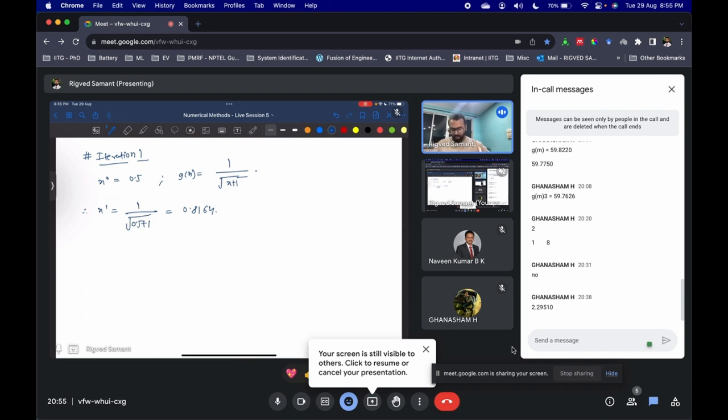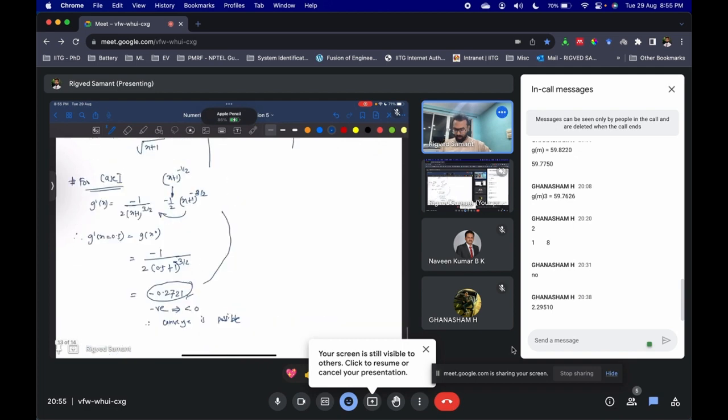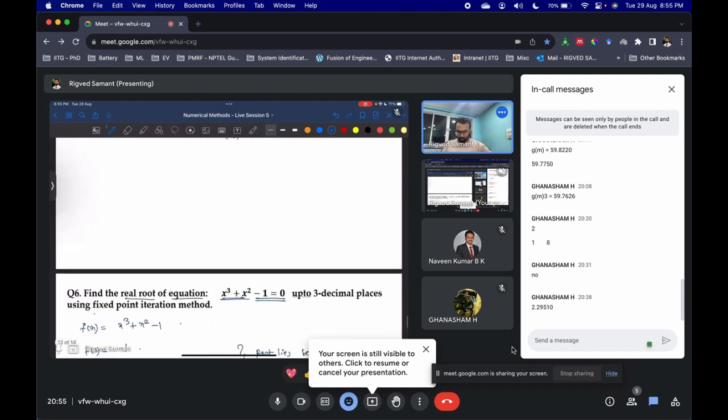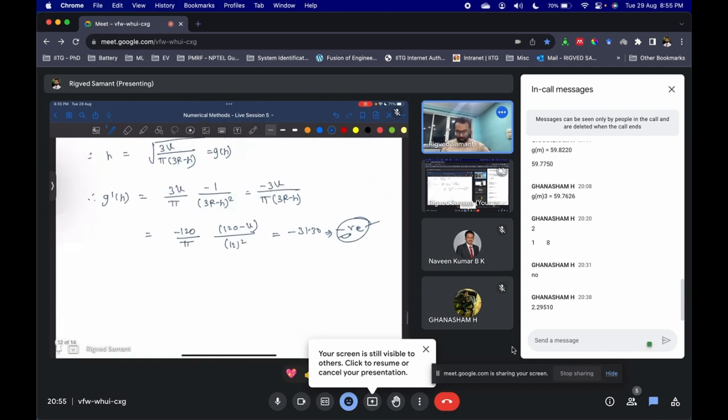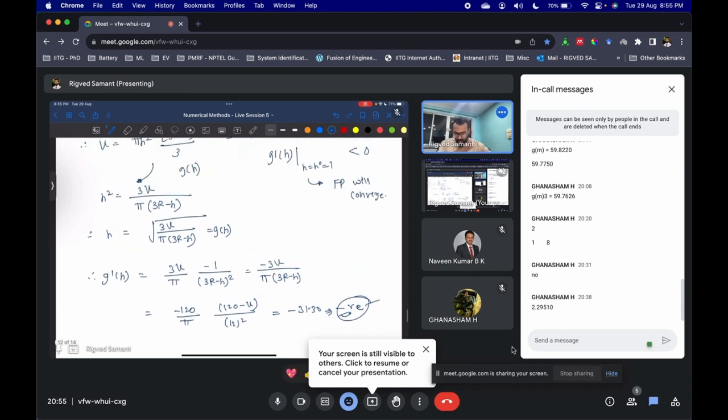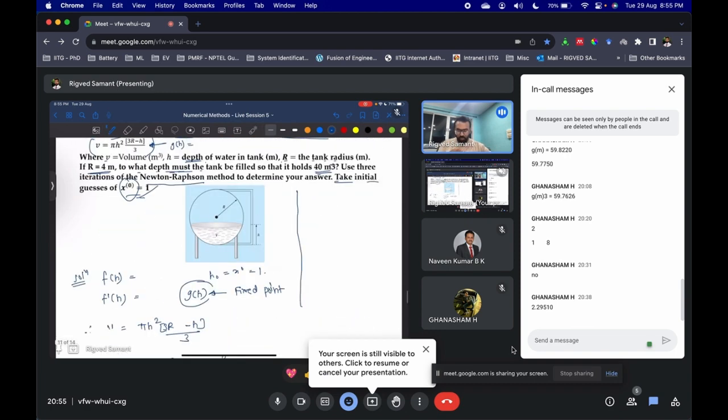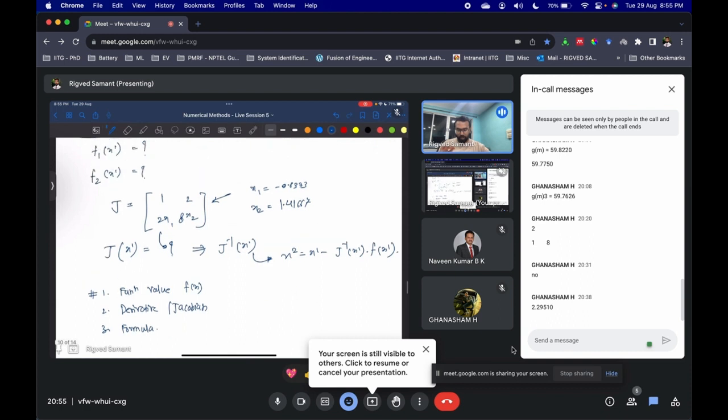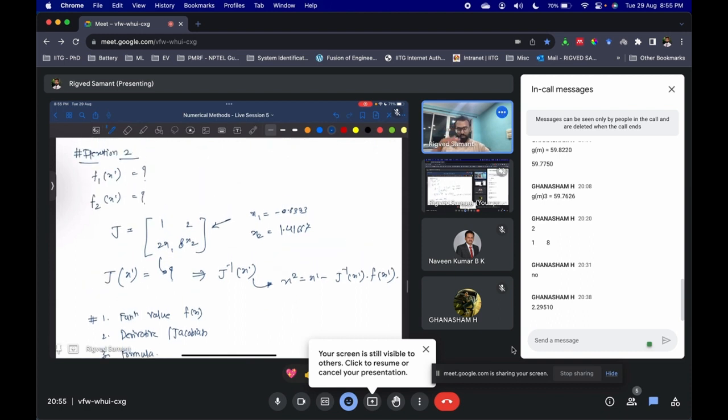So this is the discussion I wanted to have with respect to the numerical methods related to nonlinear equations. So here we conclude our nonlinear equations topic. Last week we discussed the bisection method and regula falsi, which were bracketing methods.